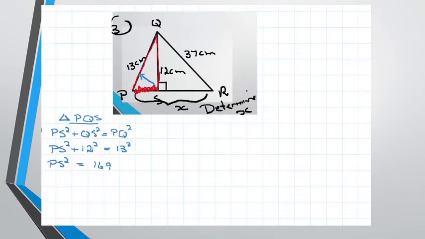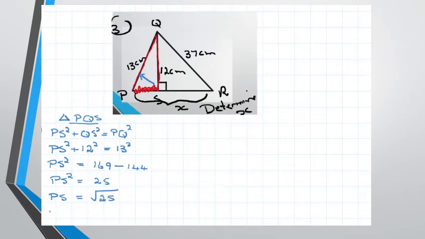12 squared is 144. In other words, on the left minus 144. What I do left I must do right. Minus 144 on the right. Then I'm going to have PS square to leave me with a value of 25. Then one term left, one term right. Remove the square, I'm going to be left then with PS to be square root of 25.